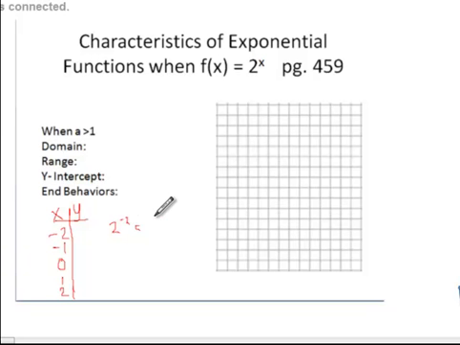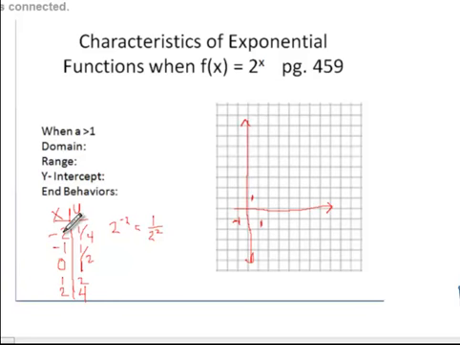We can cross the line, change the sign, so this is going to go down to the bottom. We can have it as a positive power, so it's going to be 1/4. This one's going to be 1/2. This is going to be 1. We're going to review some of these properties in a little bit, but remember, anything to the 0 power is always 1. 2 to the 1 would just be 2 here, and then 2 to the 2, of course, is 4. So I'm going to go ahead and graph these.